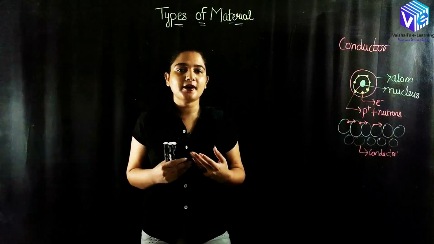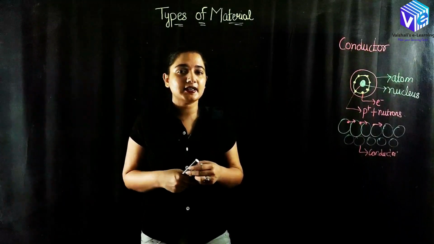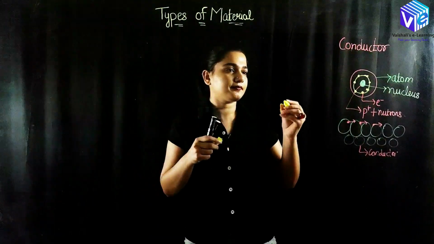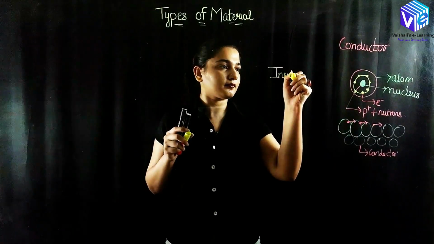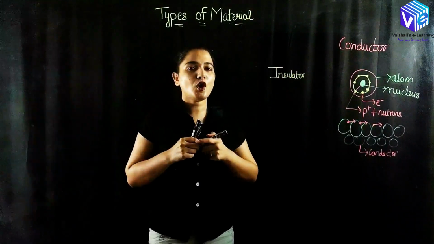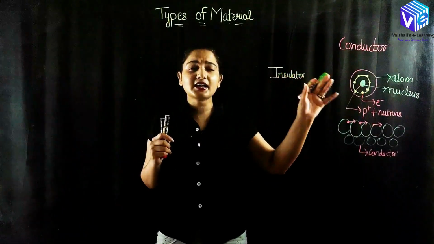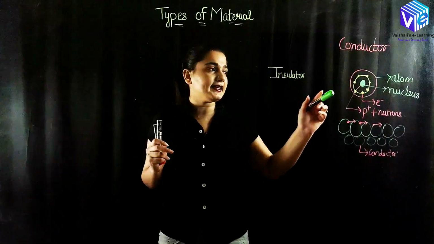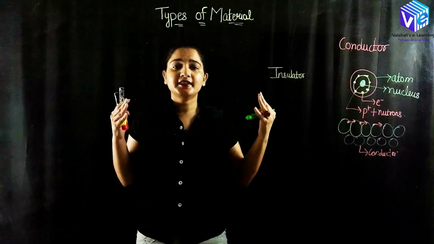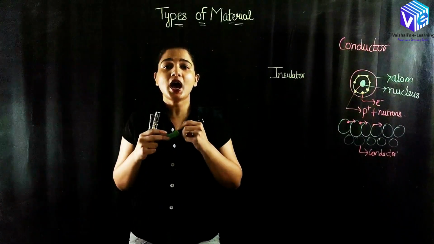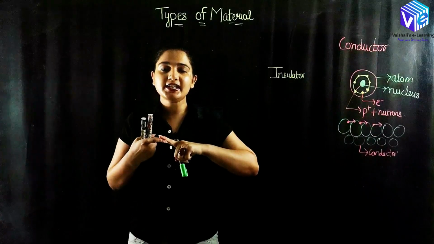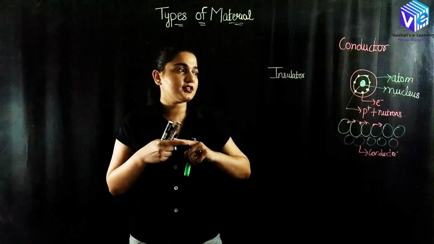Now we will be talking about the second class of material, which is insulators. So what happens in the insulator? In insulators, the electrons are so tightly held by the nucleus. There is so much attractive force. I have talked about the gravitational force and the electrostatic force.